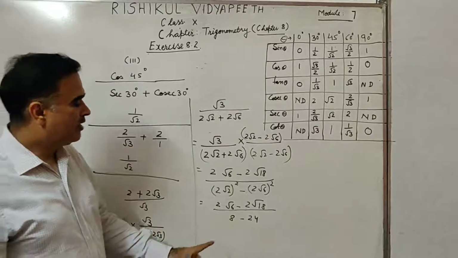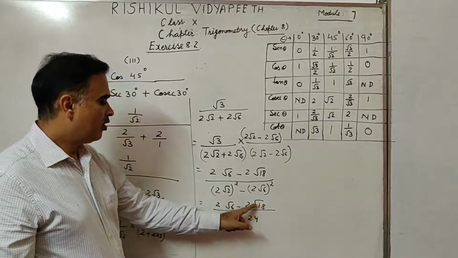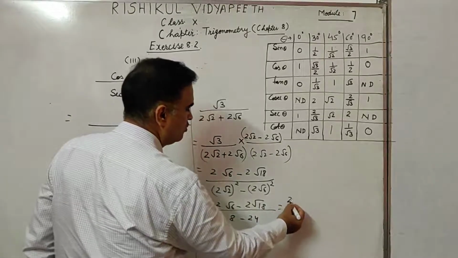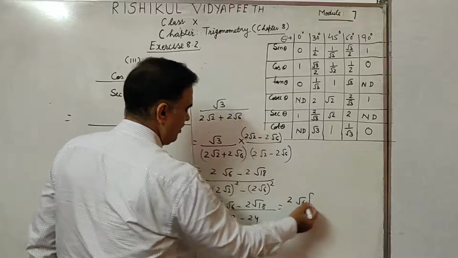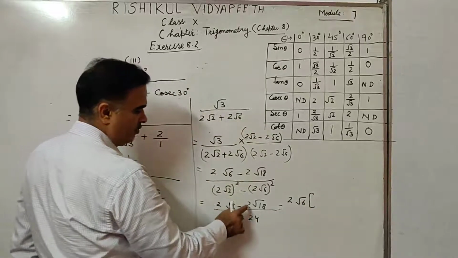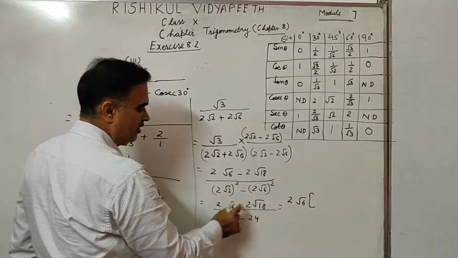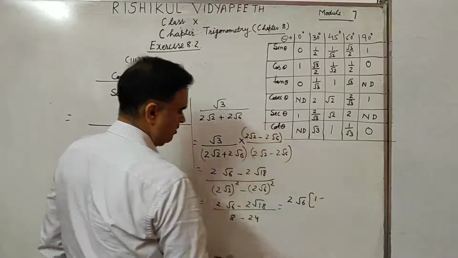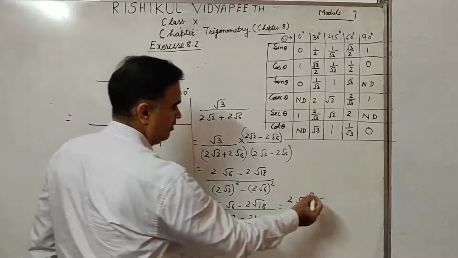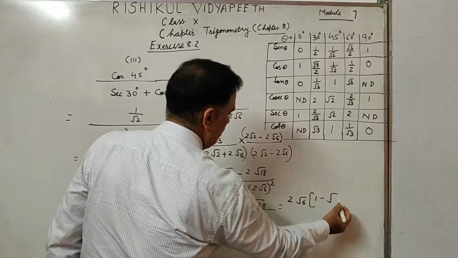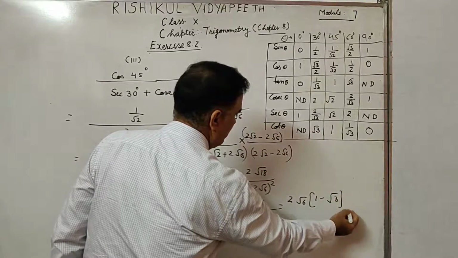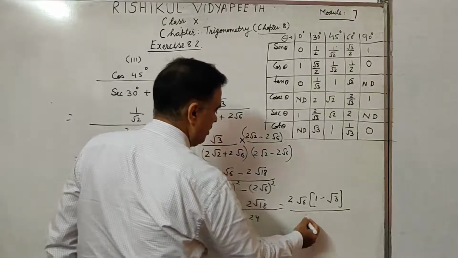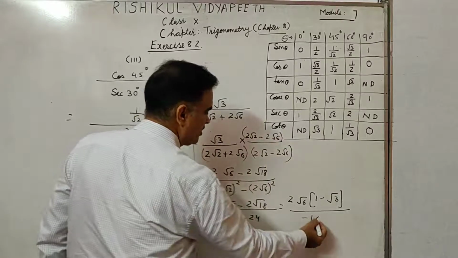Now what you can do here, from the upper side, what is common? You can take common 2 root 6. Here what is left? From here 2 is common and from there root 6 is common. So what is left here? 1 minus root 3, upon 8 minus 24, which is minus 16.